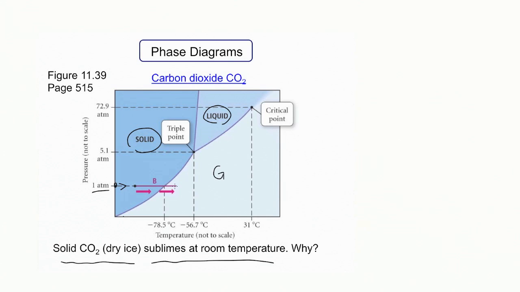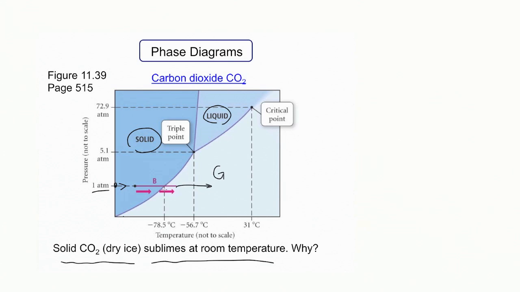So you are moving along this purple line. You can move forward until you reach room temperature. And when you move along this purple line, you cross the line between the solid phase and gas phase. That tells you there's a phase change, and that phase change is sublimation. And that is the reason.